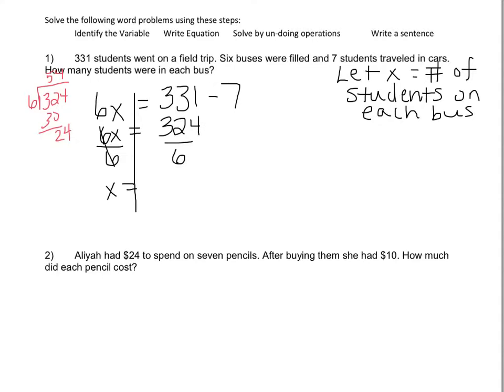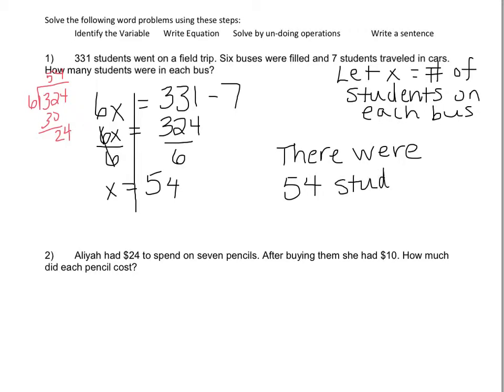So it ends up being x equals 54. That means that there were 54 students on each bus.